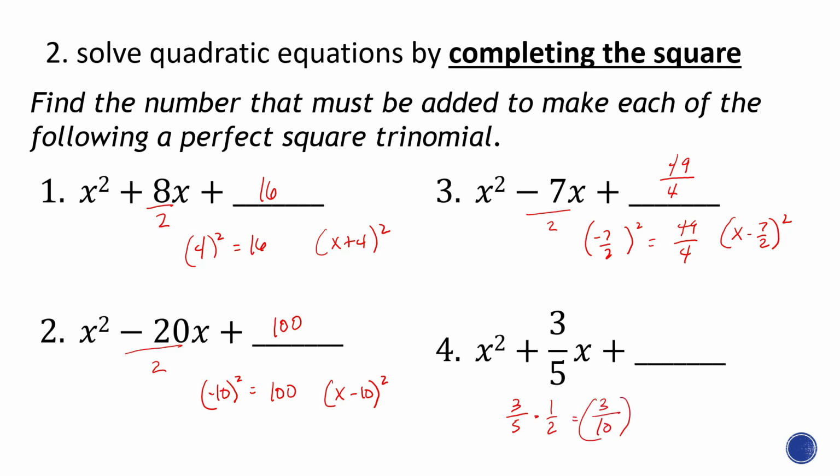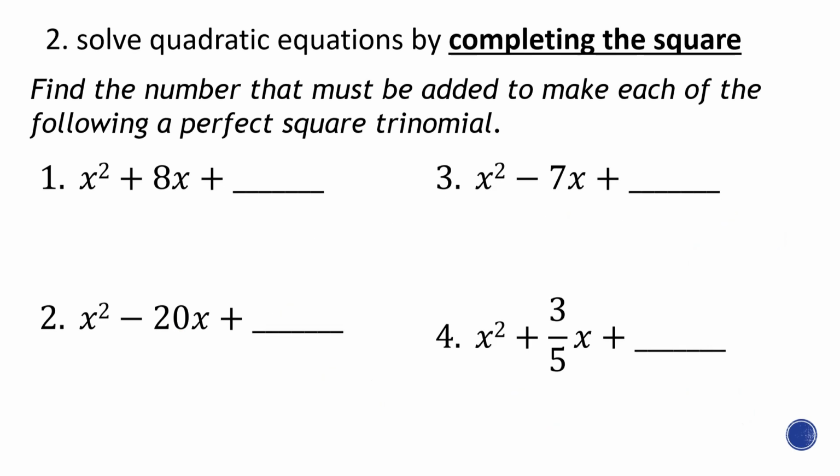And then of course you will square that. The answer is 9 over 100. And again, if you want to express that or factorize this one, this is x plus 3 over 10 squared. Now I'm just doing this because later on we will be doing the factoring in my two examples. All right, so let's go now to the first example.